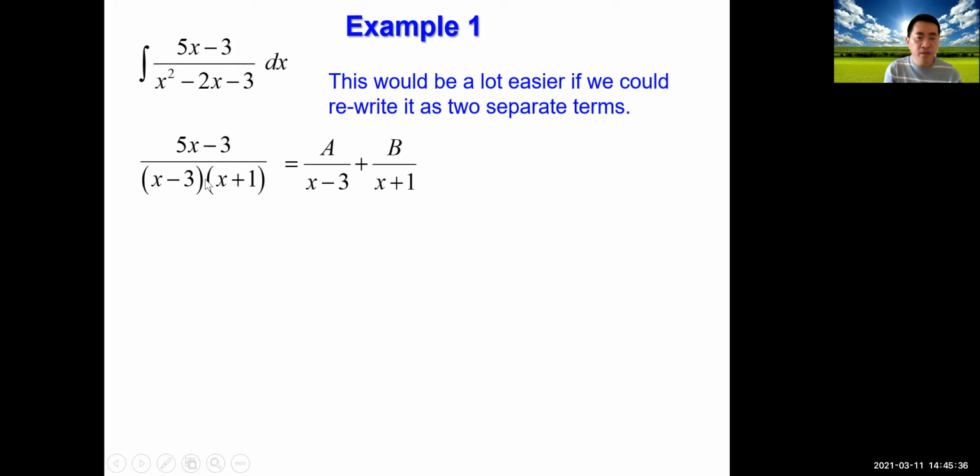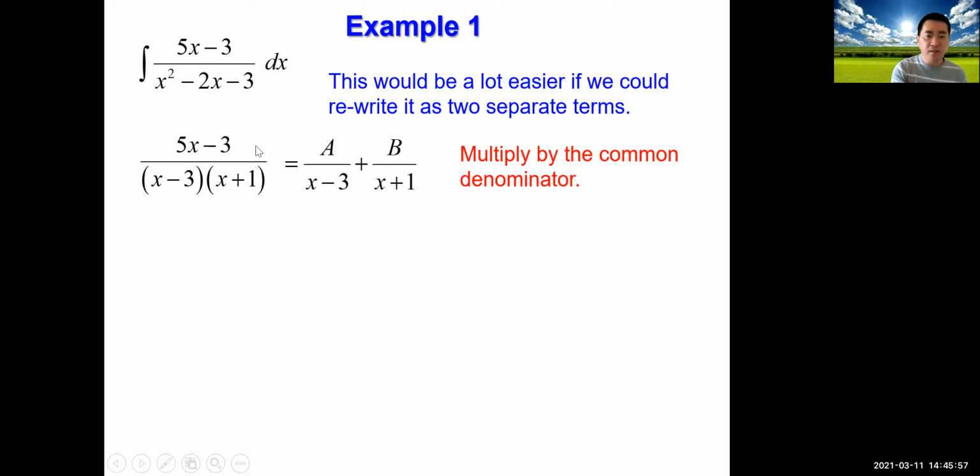All right, so from here, if you want to figure out A and B, since this is an equation, we can multiply both sides by the LCD. So what's the LCD? Well, it's going to be x minus 3 times x plus 1.